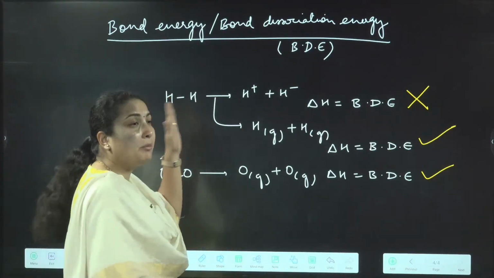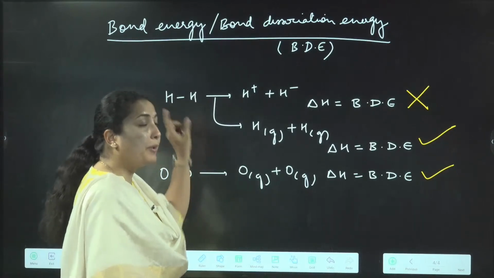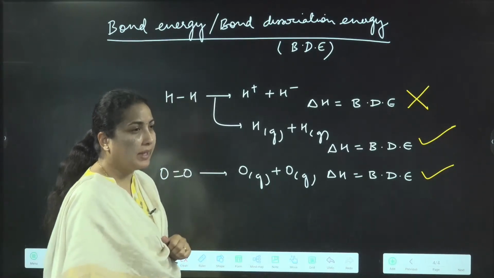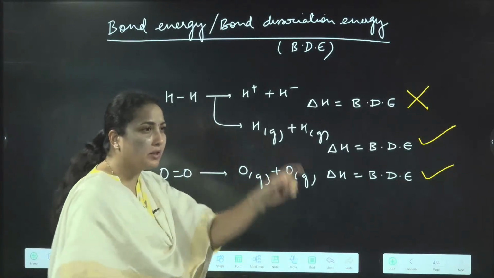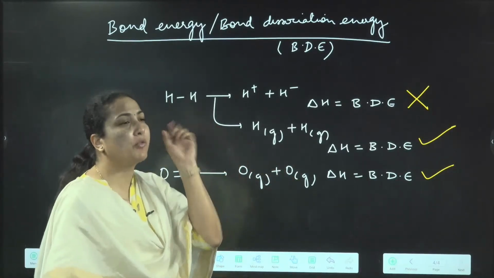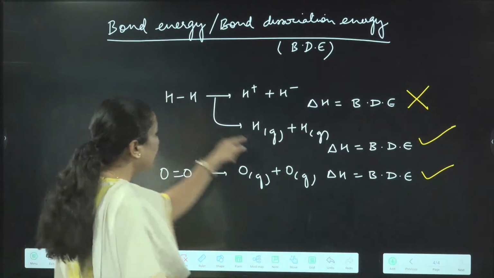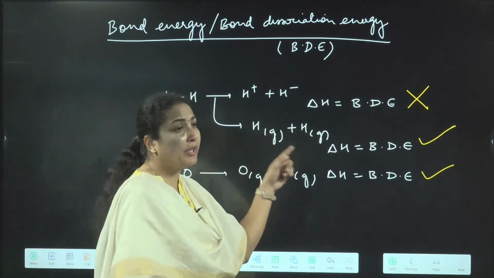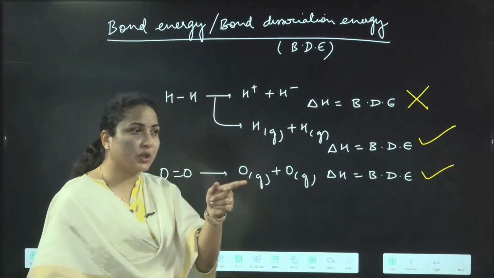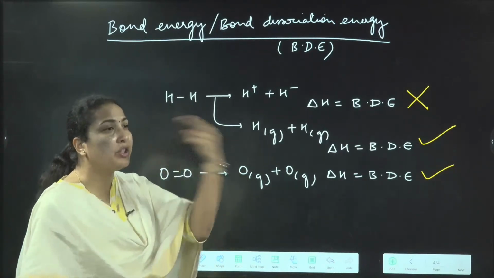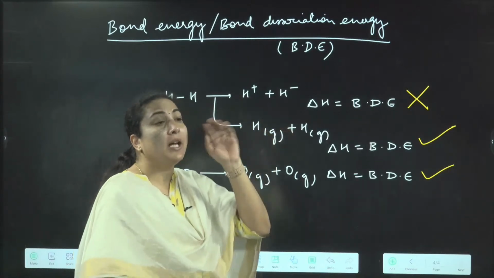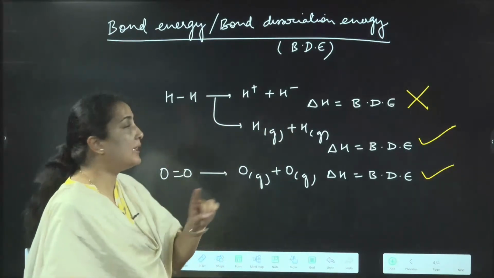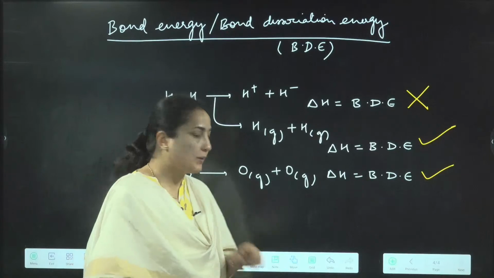The minimum amount of energy required to break 1 mole of the bond, and when I'm referring to 1 mole of bond, I'm talking about 1 mole of single bond, 1 mole of double bond, or 1 mole of triple bond, right? Into, are you able to see I've broken it into its constituent gaseous atoms, right? And which kind of fission have we taken? We have taken the homolytic fission, and we have not gone for the heterolytic. If it is heterolytic, you will be getting the ion form, right?